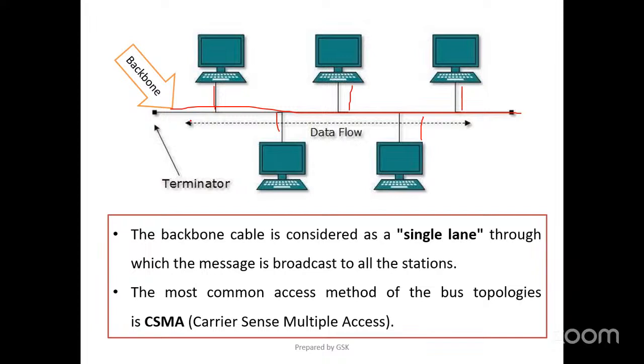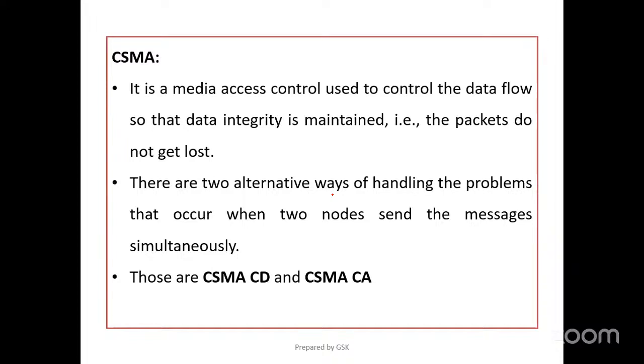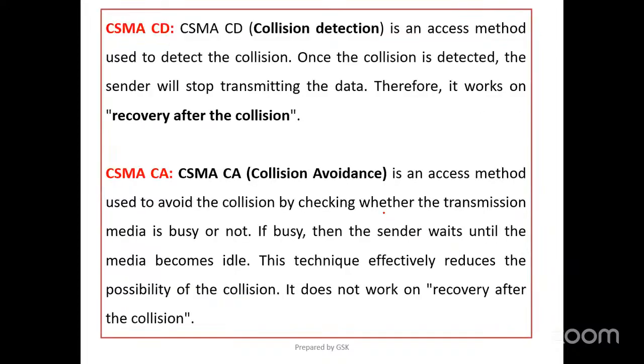The data can travel from left to right and right to left also. The accessing mechanism we use in the bus topology is CSMA, and we use other technologies called CSMA-CD and CSMA-CA for collision detection and collision avoidance.